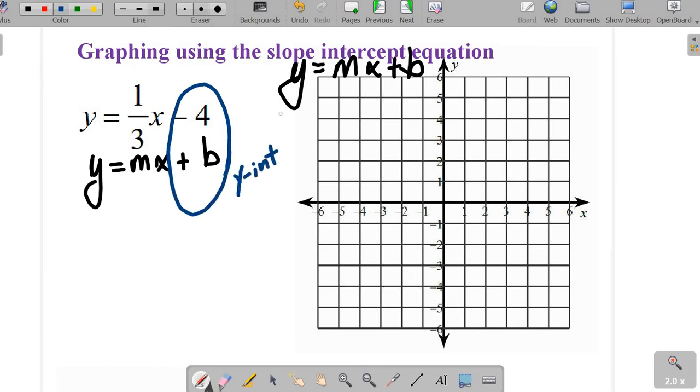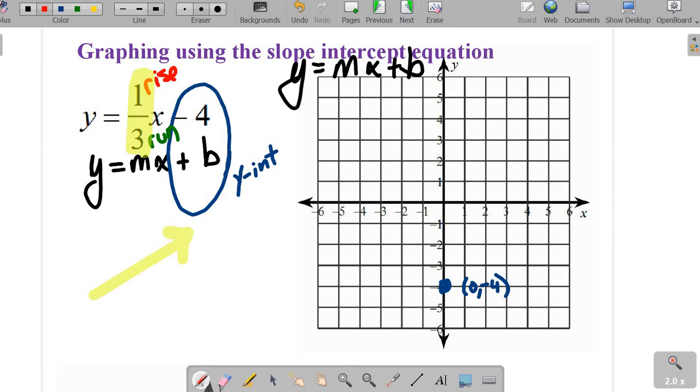That's where the line crosses the y-axis. And that y-intercept is going to be -4. So (0, -4) is your y-intercept. Then you graph your rise and your run. Take a close look here. We know our slope is positive, so we know our line has to tilt up from left to right. Keep that in mind as you're counting the rise and the run.